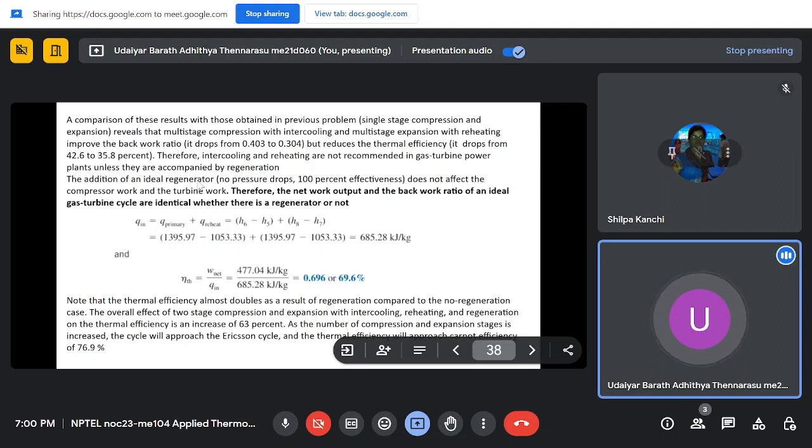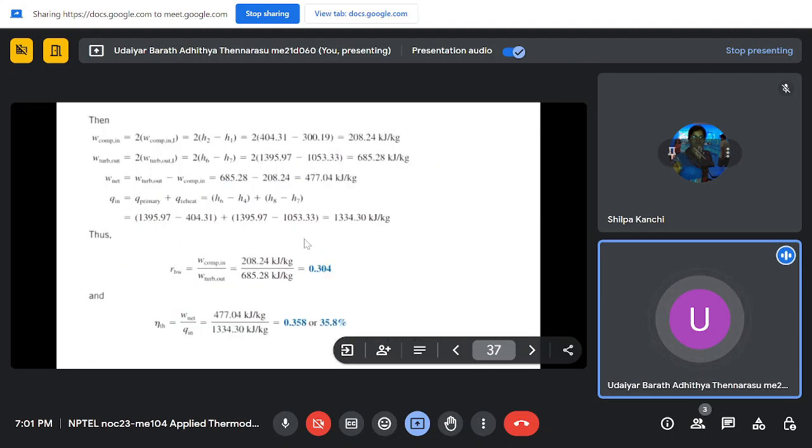So now adding an ideal regenerator of 100% will not affect your work. So your net work output which is generated will remain the same. But what will happen adding an ideal regenerator is you are utilizing some amount of exhaust to heat the inlet. So now your Q in will be H6 minus H5 and H8 minus H7.